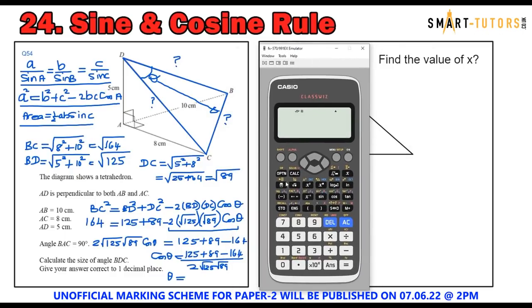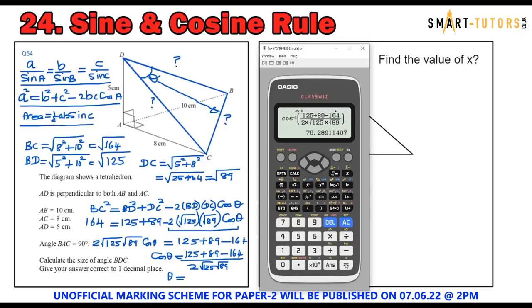So use the shift button and cosine inverse, and then the fraction button. 125 plus 89 minus 164, and that's the top number, and 2 times square root of 125, and come outside and press square root of 89 and go to the right hand side and close the brackets.